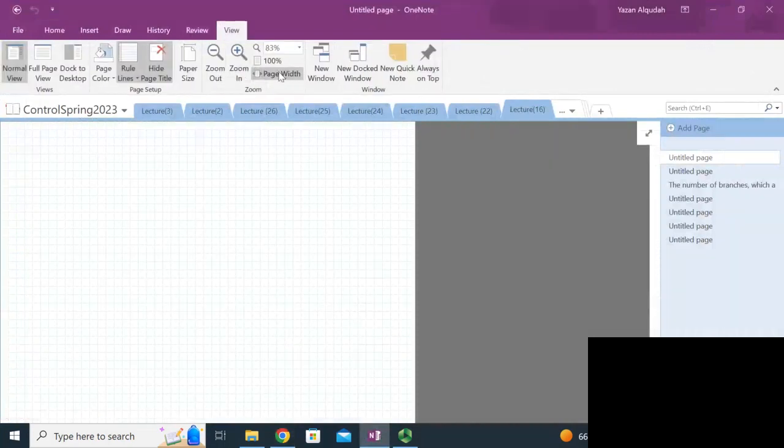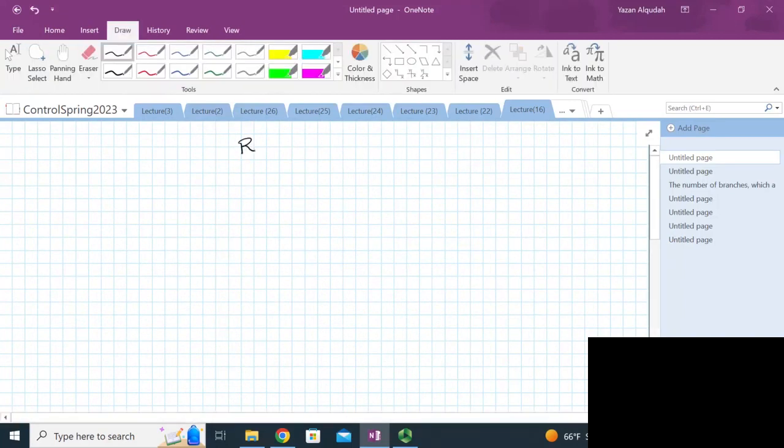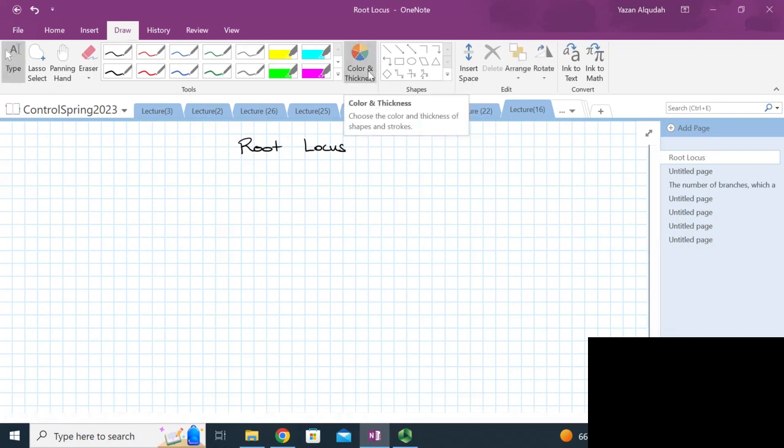Okay, let's get started. So in the previous class, we started the discussion of root locus. What is the root locus? Anybody remembers? It's the lines of poles where they could be. Excellent.